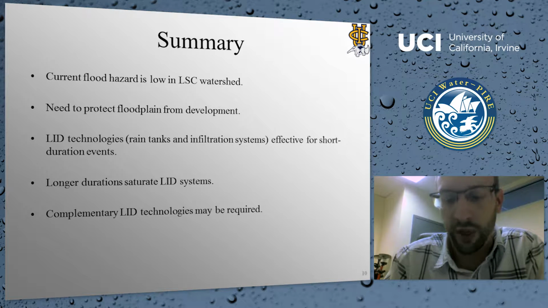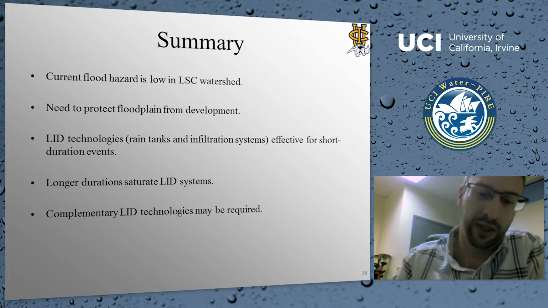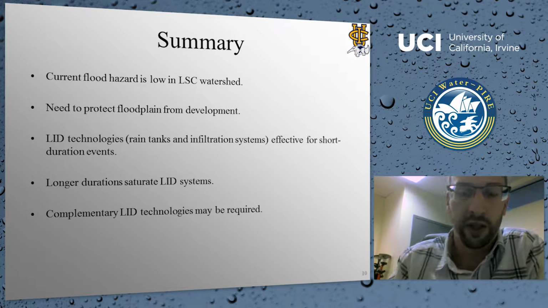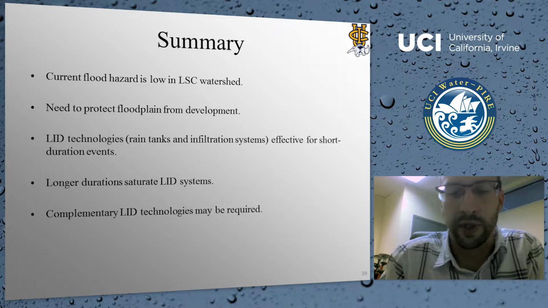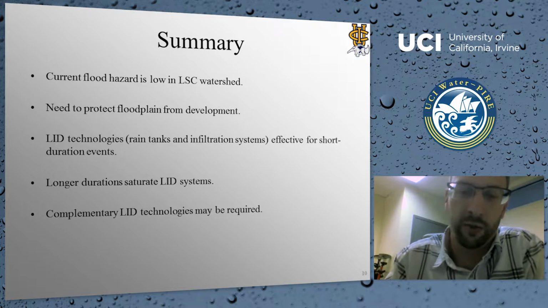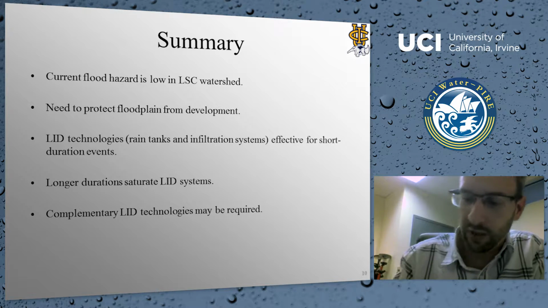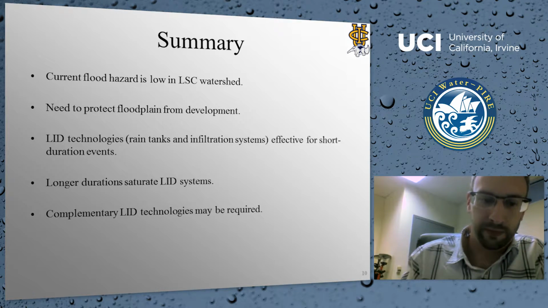So if we're at a site where we need to mitigate flooding further, we also have to look at complementary LID technologies to be able to capture any other runoff. We could look at potentially urban retention basins to capture some of that runoff in a safe way. All right, that's all I've got.